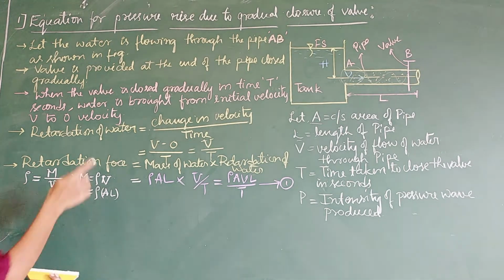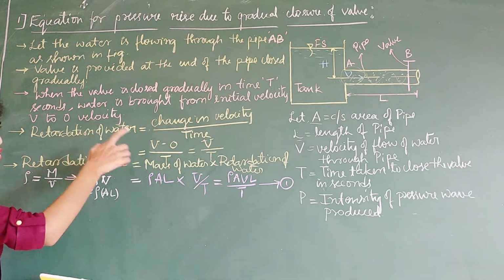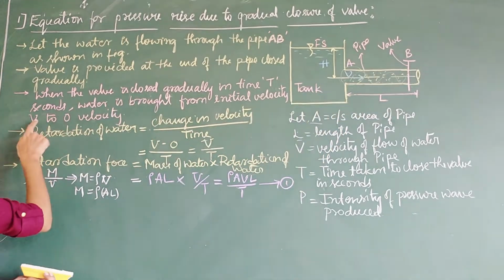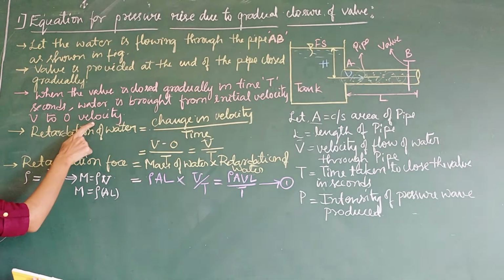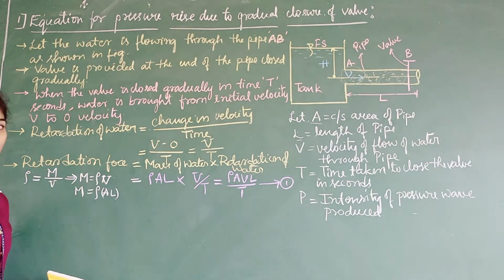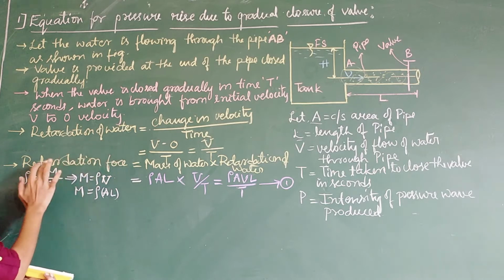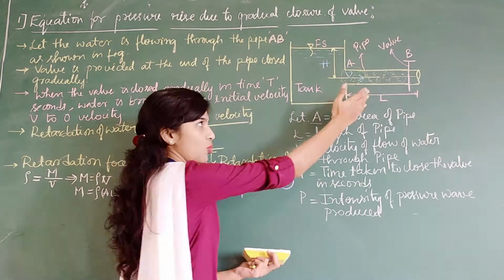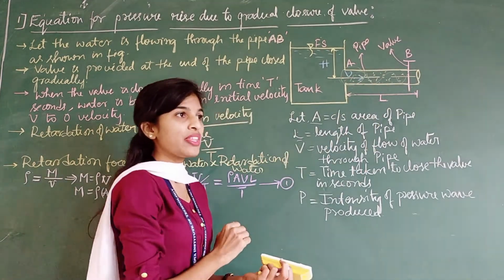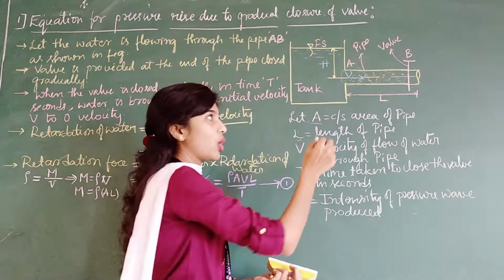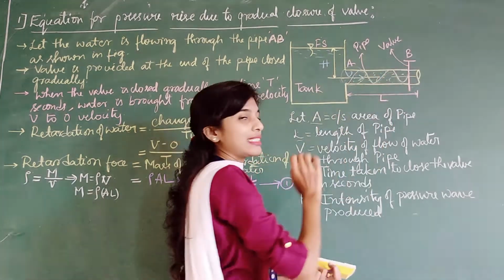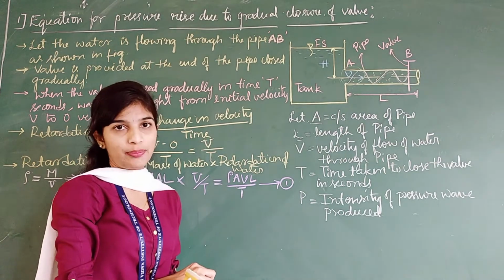Due to the closure of the valve, the velocity is brought from initial velocity v to zero velocity, which means no flow occurs. Due to that, a retardation force is going to generate. The next thing that happens: once you close the valve gradually, as I have told, a high pressure wave is going to be produced inside that pipe.